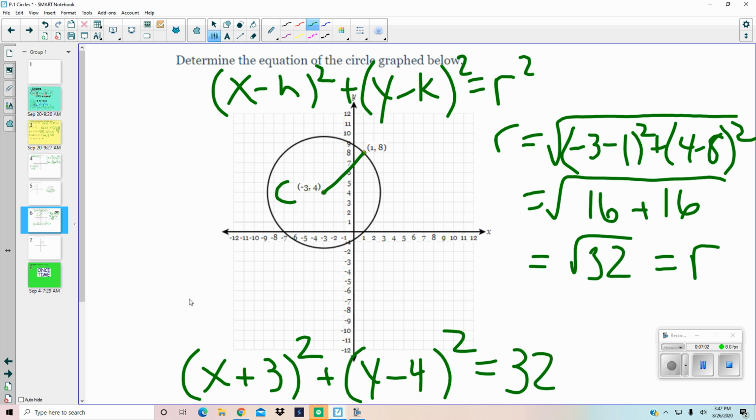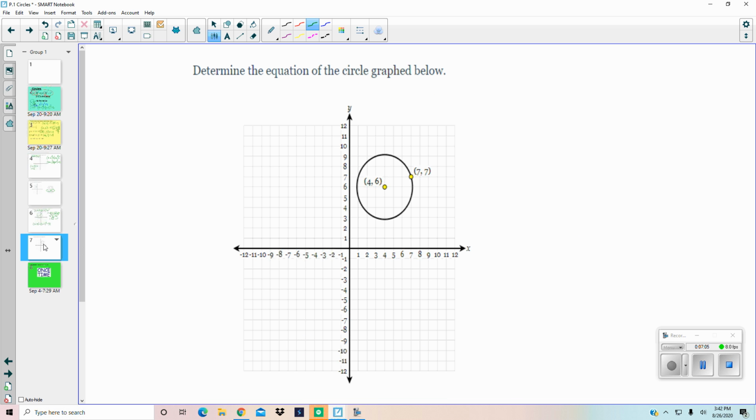All right, let's do one more. I have my center (4, 6), so I know my equation is going to be (x - 4)² + (y - 6)².